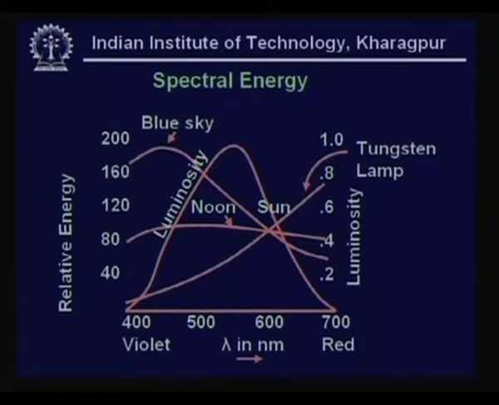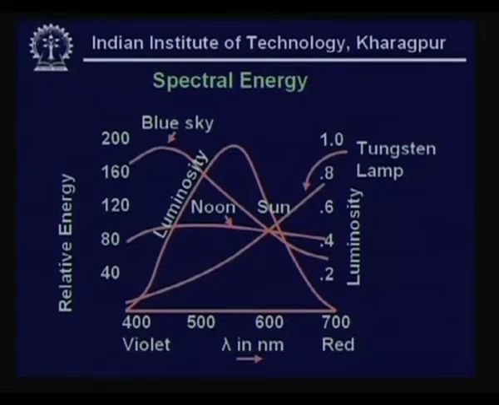And in fact, to have an idea of how this relative spectral energy can be utilized, the response curve of the eye is also drawn here, which we said is the luminosity, taking the maximum response, which is the green light, as the base. The relative luminosity curve, which is peaking around green corresponding to 550 nanometers, is seen.